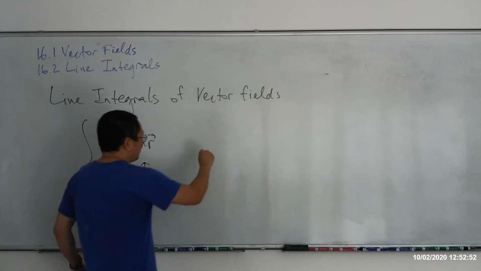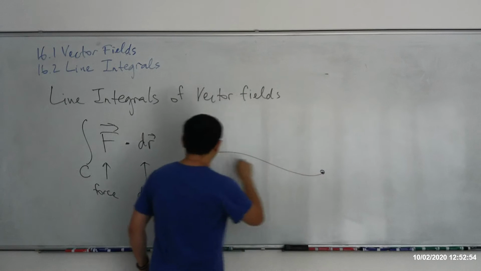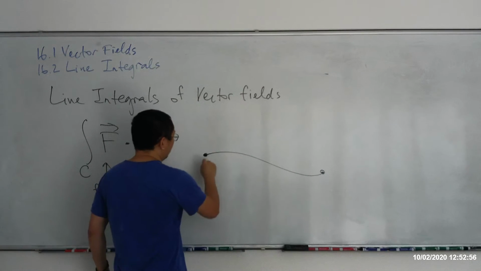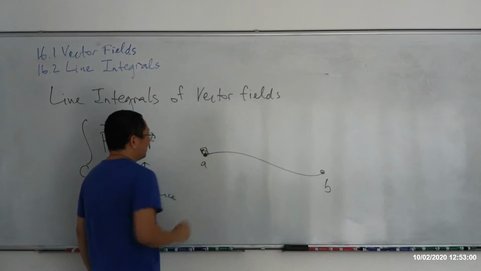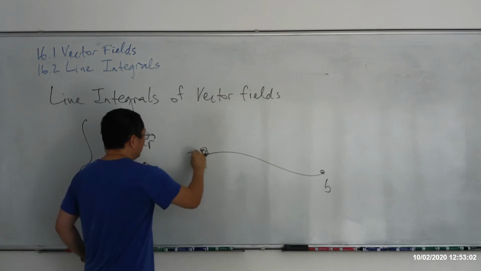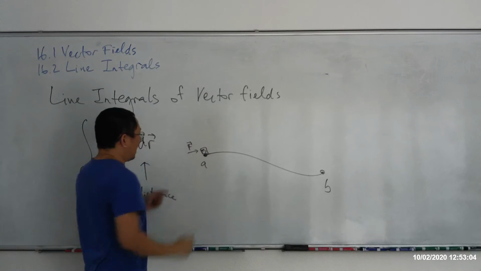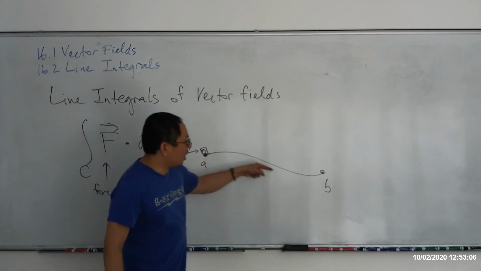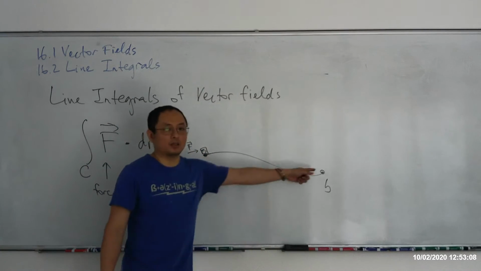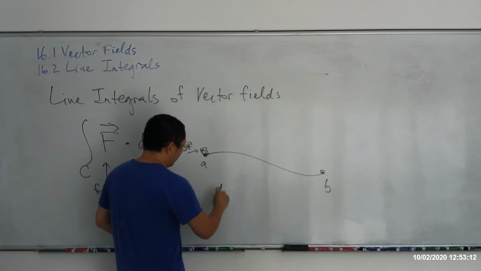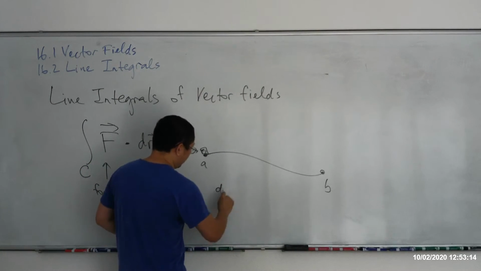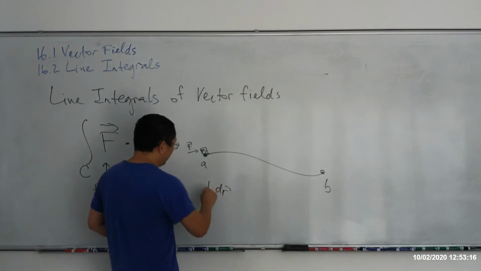If this is my curve C running from the initial point A to B, and you put an object right here and use some force to push that object along the curve C to get to the point B. Every time you change the distance a little bit, you have dr, and you multiply by the force.